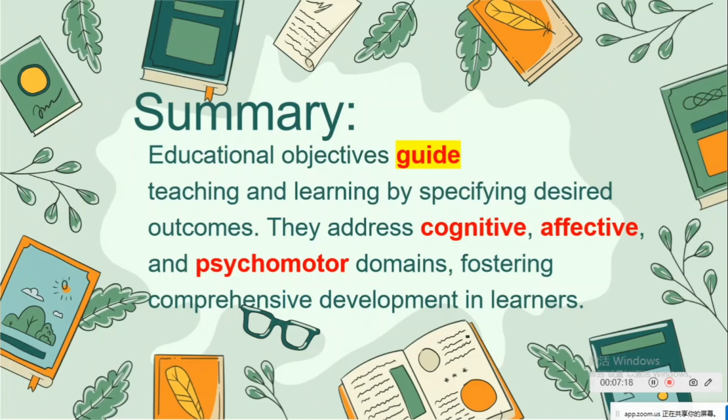To end, I'd like to summarize by saying general education objectives are the cornerstone of effective teaching and learning. It guides teaching and learning by specifying desired outcomes. By setting clear and achievable goals, educators can guide students on a path of intellectual, emotional, and physical growth.